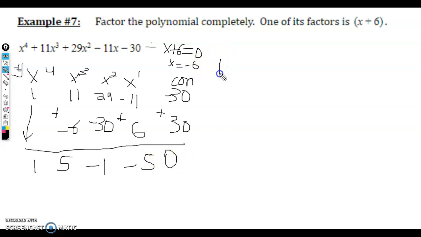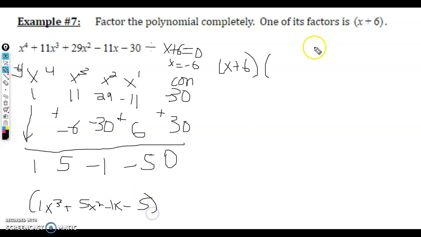So I end up with one of my factors is x plus 6. My other factor I just got: this becomes 1x cubed plus 5x squared minus 1x minus 5 with a remainder of 0, which is awesome.